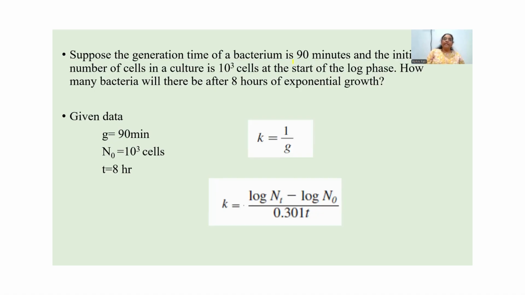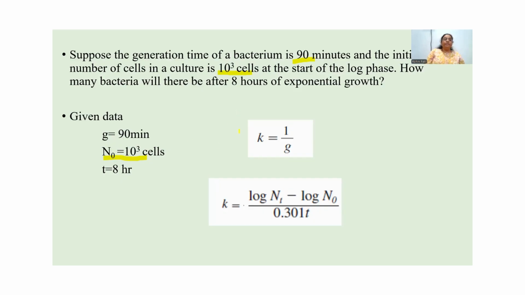Now 90 minutes is the generation time, that is G is equal to 90 minutes. And what has been given at the start of the log phase, there are 10^3 cells. It is nothing but N0. N0 is equal to 10^3 cells, and T is equal to 8 hours.